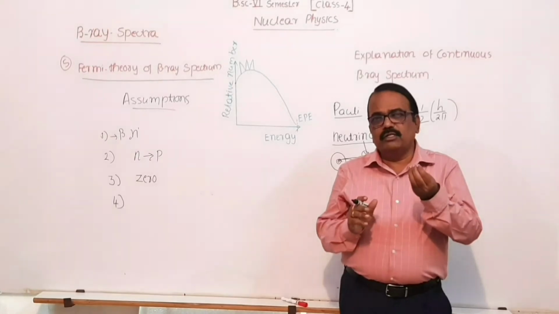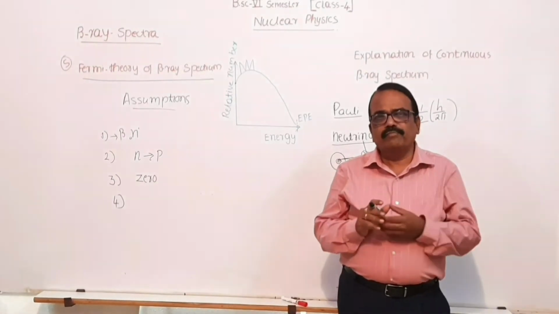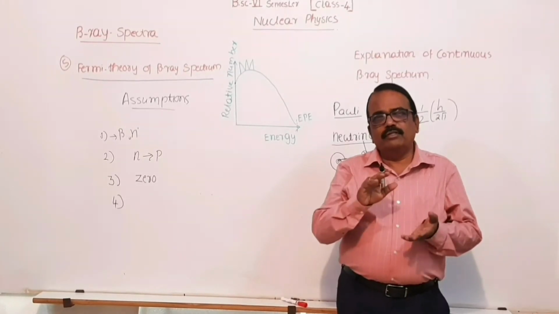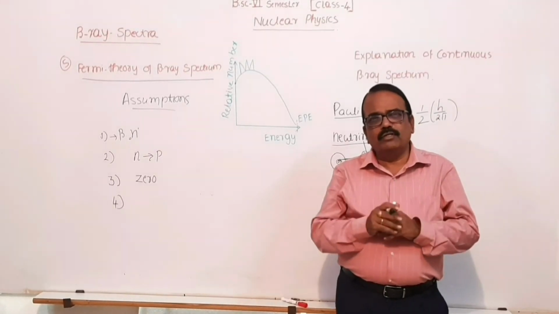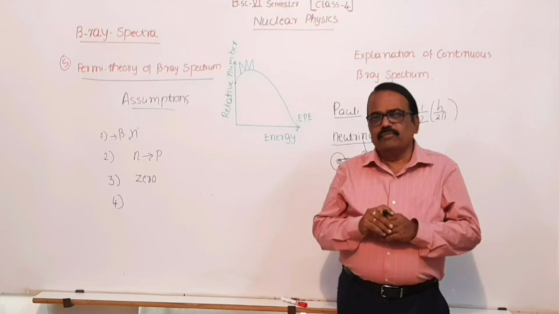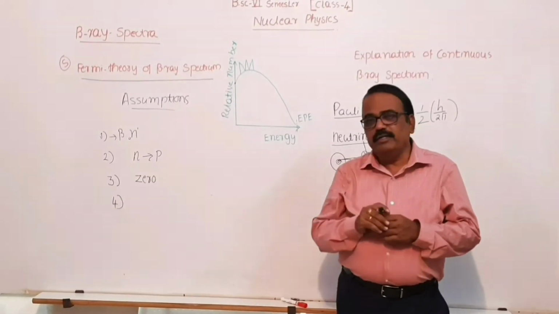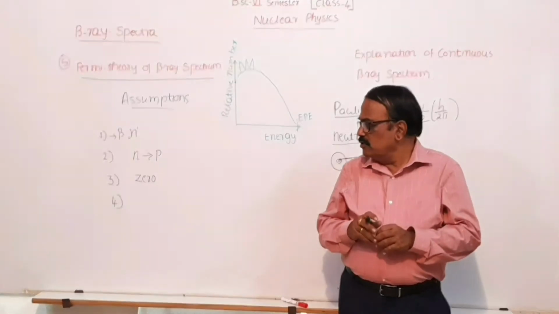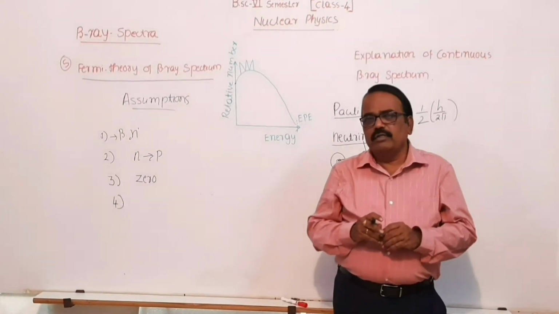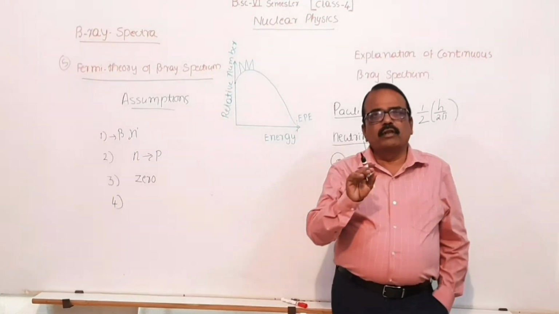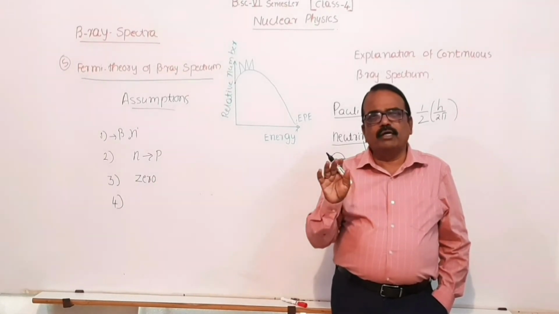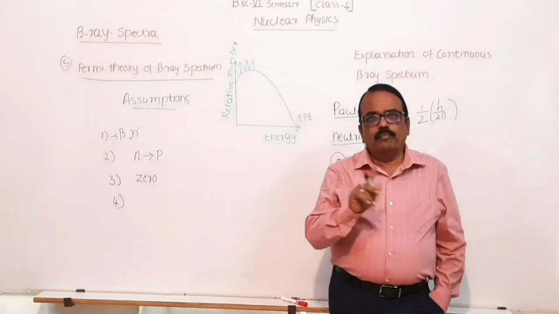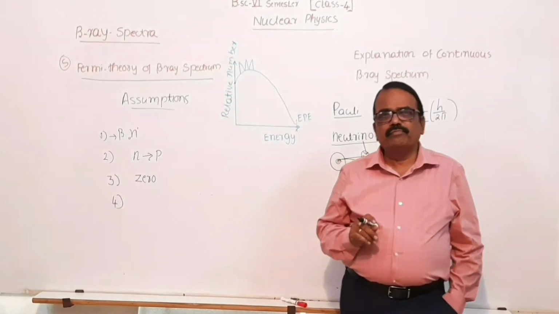They are just created at the time of decay. Then how are they created? When neutron is converted into proton or proton is converted into neutron, these particles are created. Then the rest mass of this neutrino is 0. Then the law of conservation of momentum and energy holds good. There is no parity change.